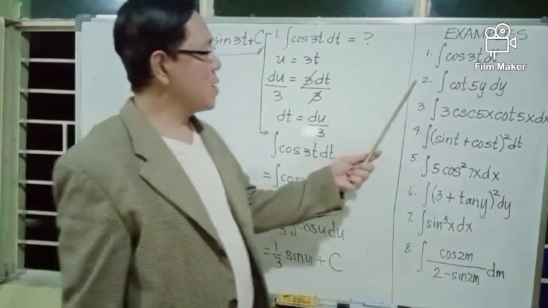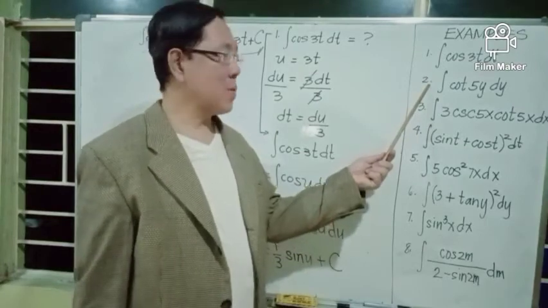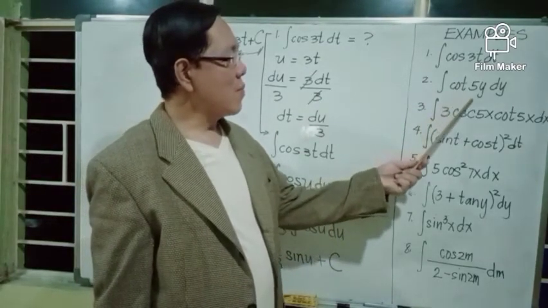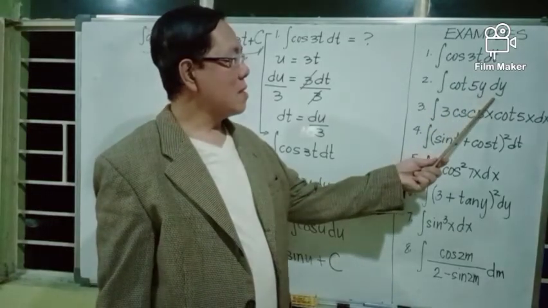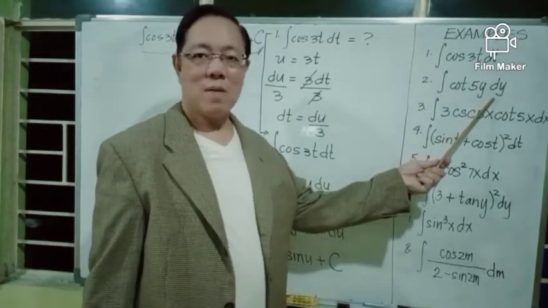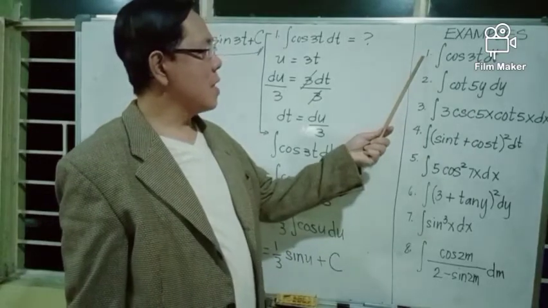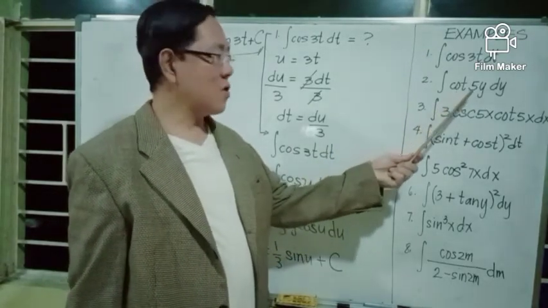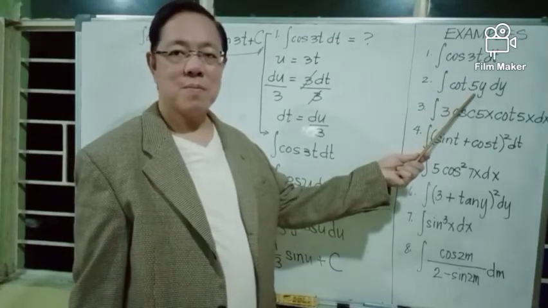We consider number 2. The given integral in number 2 is the integral of cotangent 5y, integrated with respect to y. As in example 1, we express cotangent as a function of a single variable.